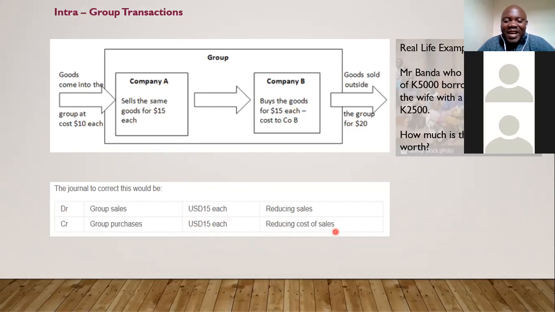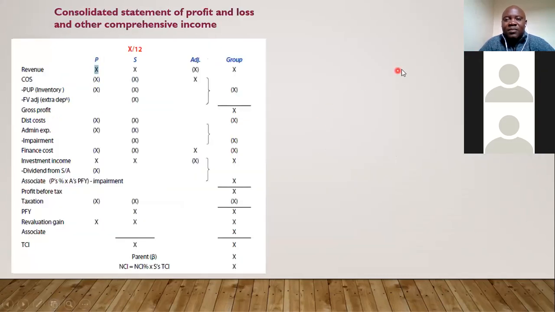So at any given time, whenever you have these intra transactions, the first thing that you have to do in the income statement is to make the necessary corrections, meaning that you cancel out all the intra transactions.